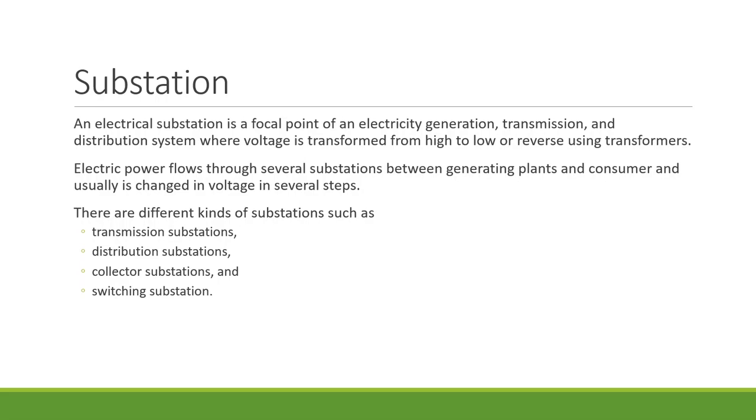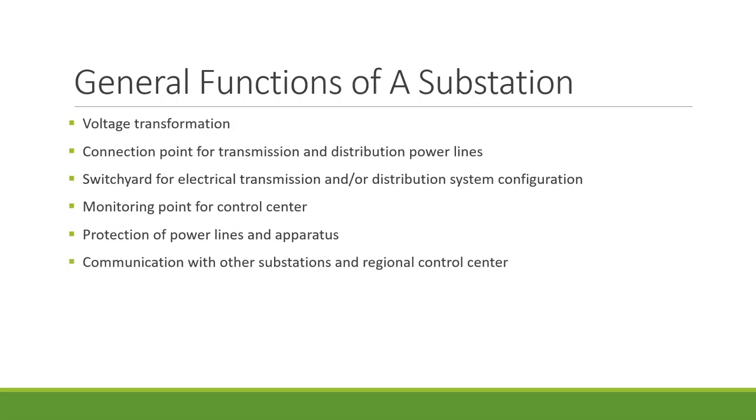So substation could be your transmission substation, distribution substation, collector substation, or only a switching substation. So there are different kinds of substations. We are basically talking about the automation of substation. We very well know the general functions of a substation, that is voltage transformation.